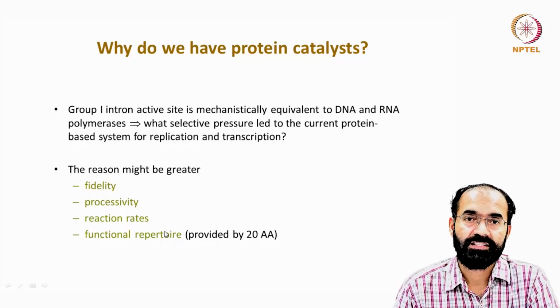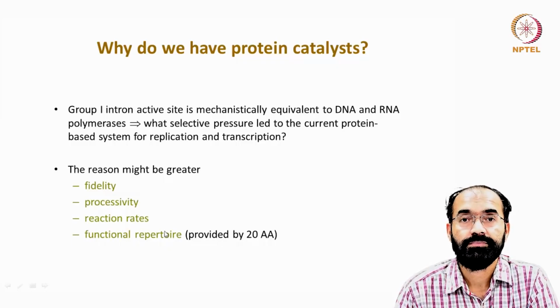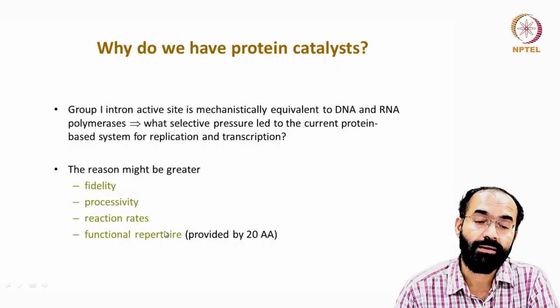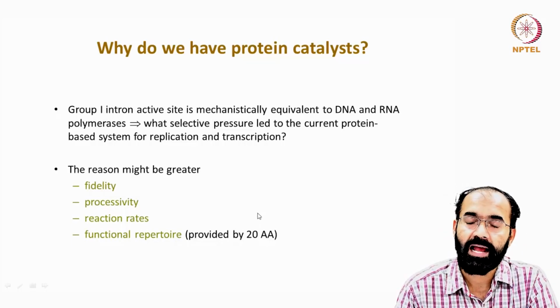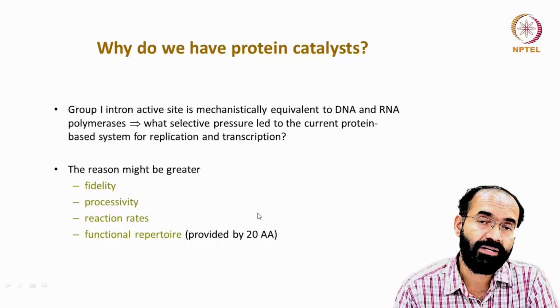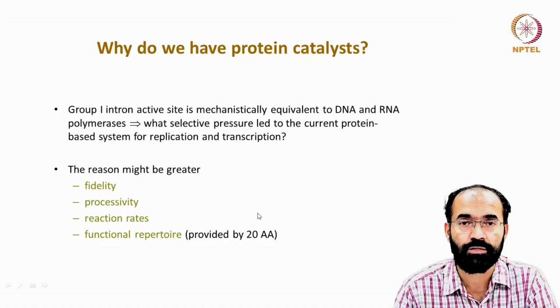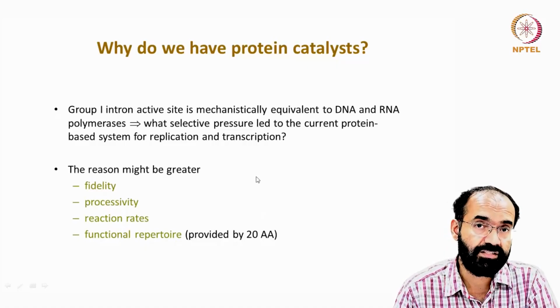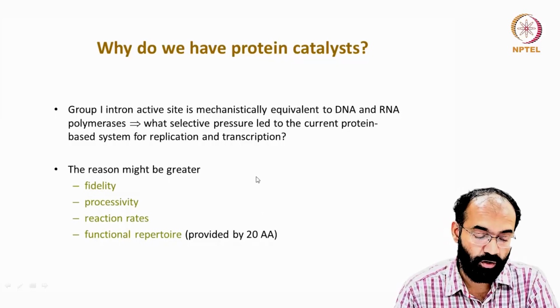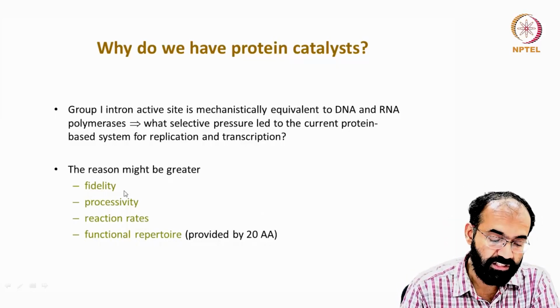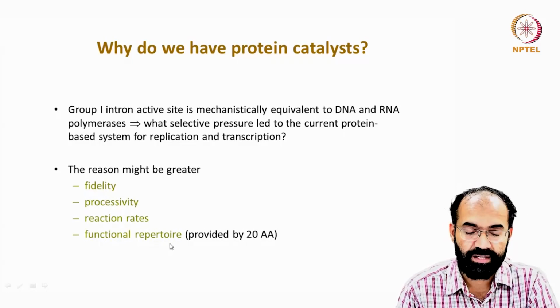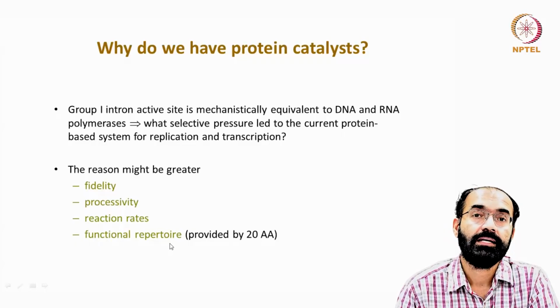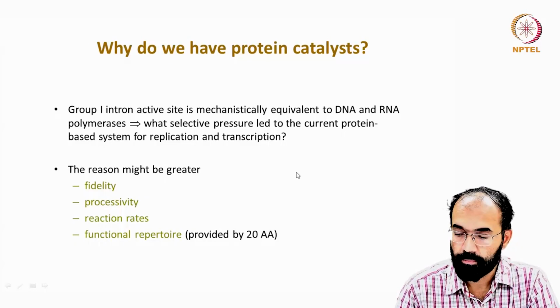RNA has only 4 bases, A, C, U and G, whereas for proteins 20 amino acids are there. Each of them, when you say basic amino acid, does not have a constant basicity; it can be less basic, more basic, extremely basic. Likewise, acidic is also not in a fixed manner. So this varies quite a lot, and this allows fidelity, processivity, reaction rate and functional repertoire. That could be one of the reasons why the RNA world slowly switched into the protein world.